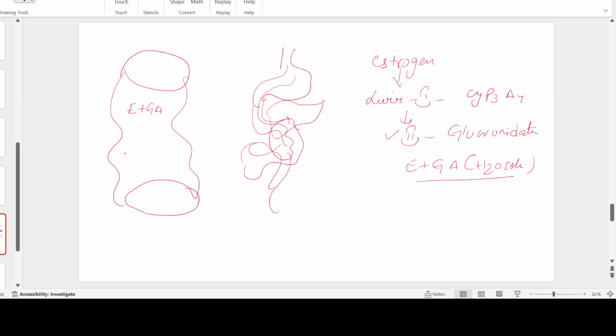Now, you have bacteria present here. What does this bacteria do? This bacteria breaks this bond, and you can see the glucuronic acid goes out, and only the estrogen is left.